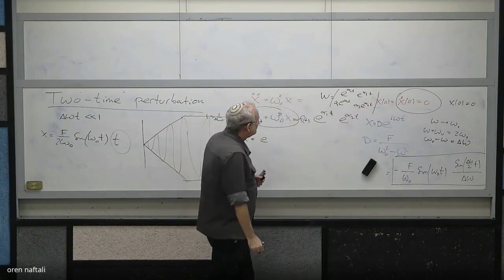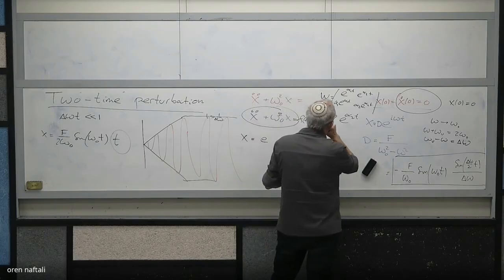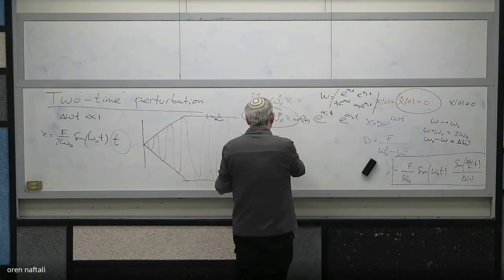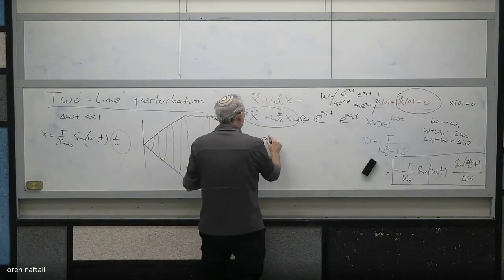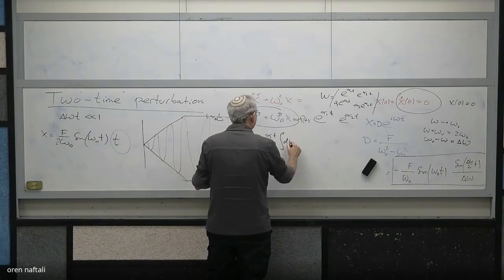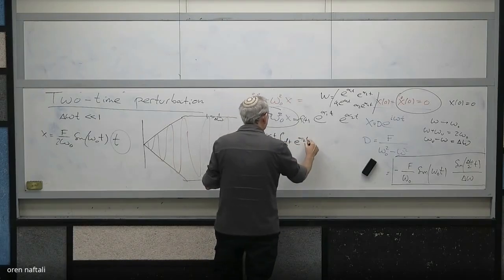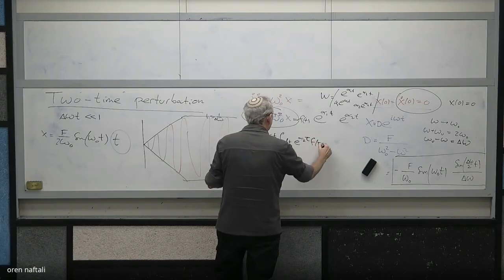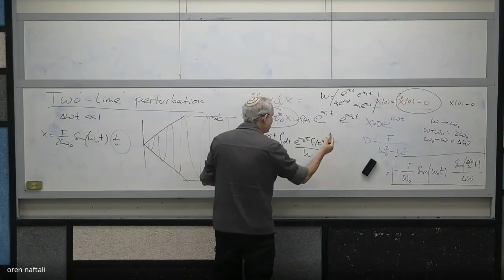And what's important, okay, and then you have something like e to the alpha 1 t, integral d tau, e to the alpha 2 tau f of tau over the Wronskian, things like that.